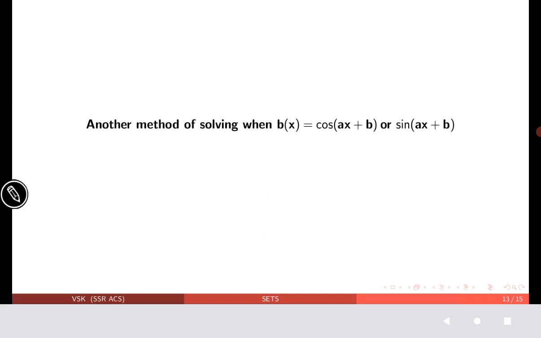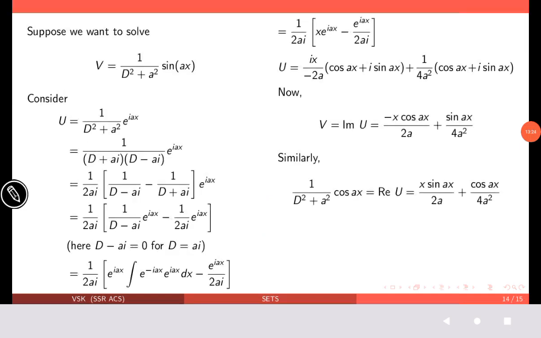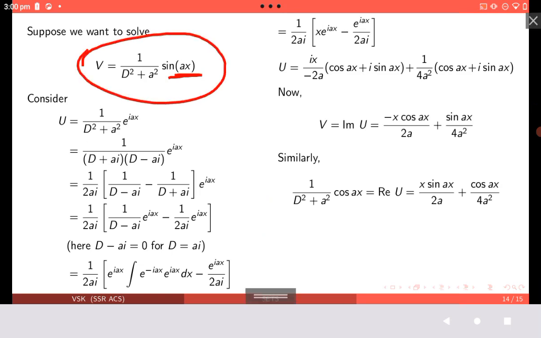Now we'll see another method of solving this. Whenever the right side is cos ax plus b or sin ax plus b, this is one of the methods. This also you can try. In this case, what we'll do is convert the sin ax, suppose we want to solve this, we have to find this value.